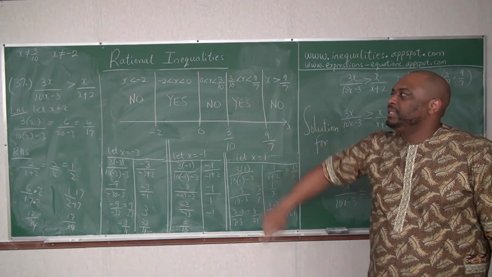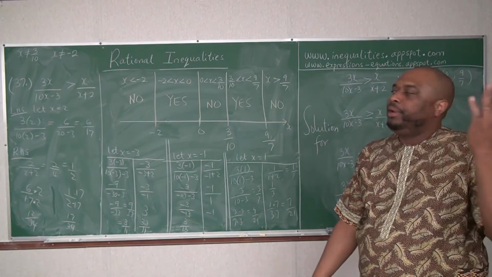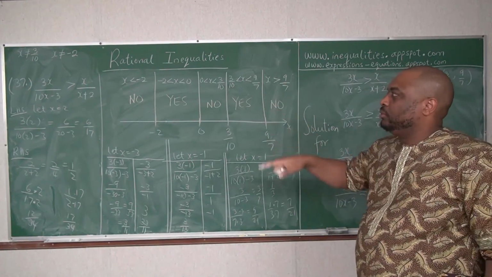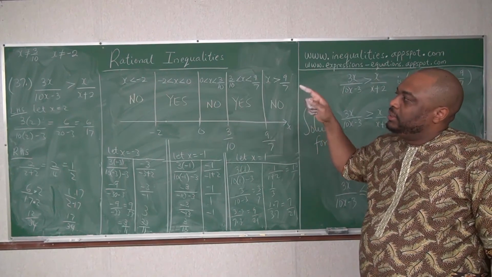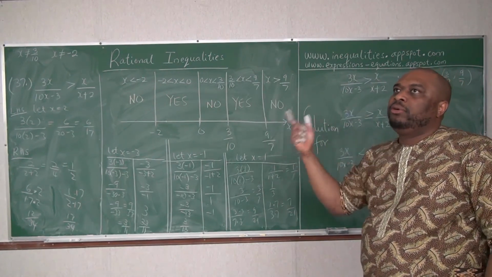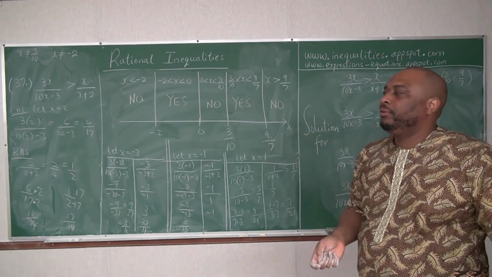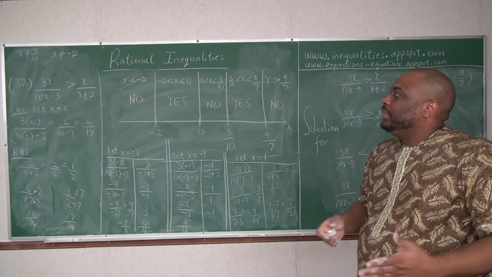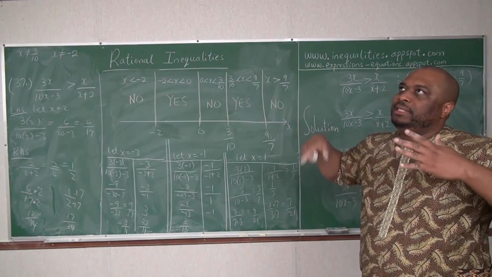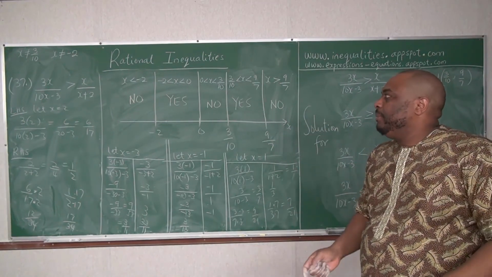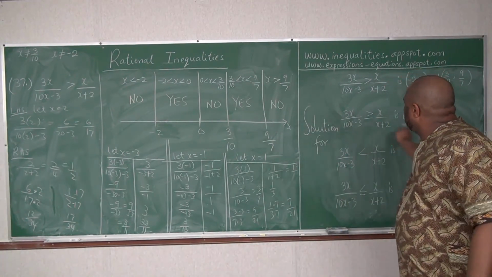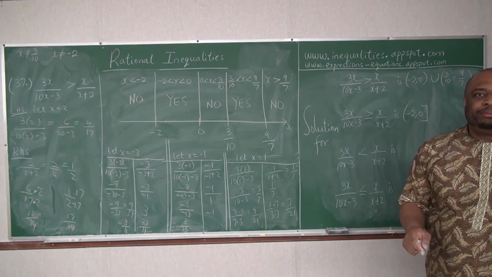Because this is 3 times 0, of course 0 in the numerator, greater than or equal to 0 over 10 times 0 minus 3. So 0 over negative 3, which is 0 on the left. On the right, 0 over 0 plus 2, which is 0 divided by 2, which is 0. But because of greater than or equal to, you will include the 0.